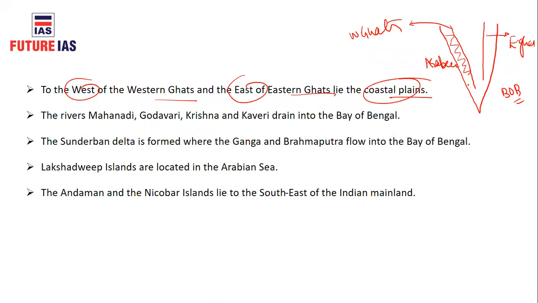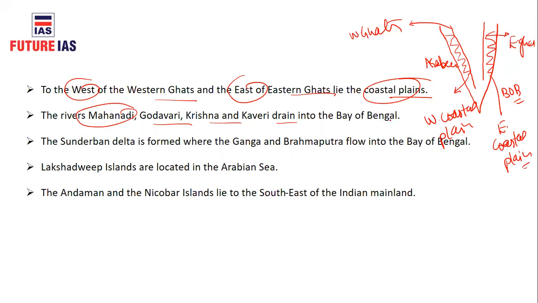All right. So I'm talking about this region. It is also called the Western Coastal Plain. And this region is also called the Eastern Coastal Plains. The rivers Mahanadi, Godavari, Krishna, and Kaveri drain into the Bay of Bengal.